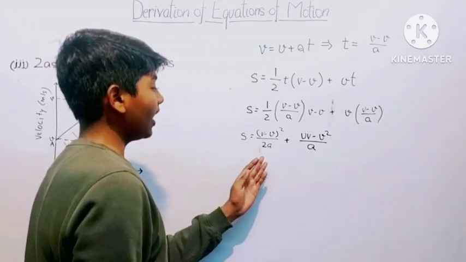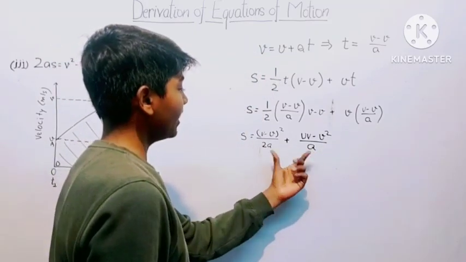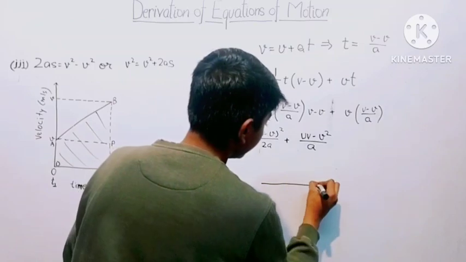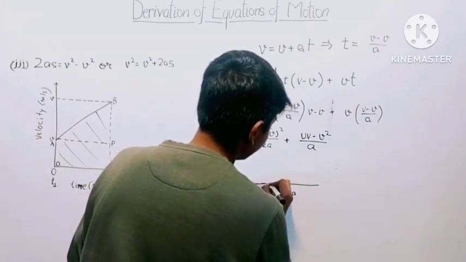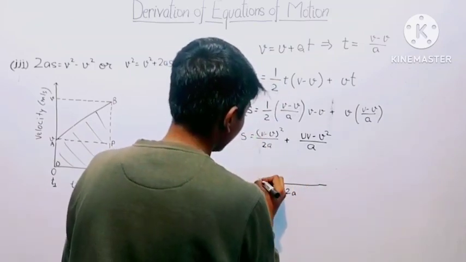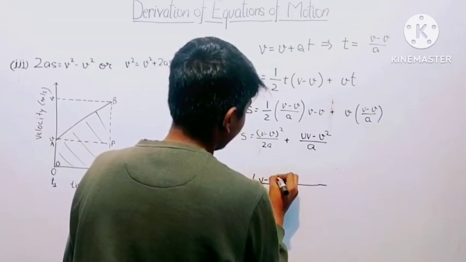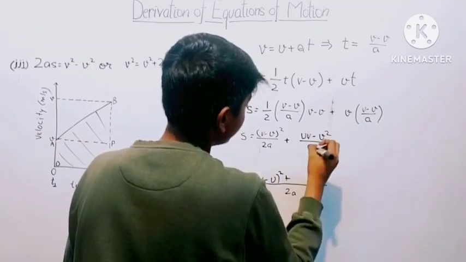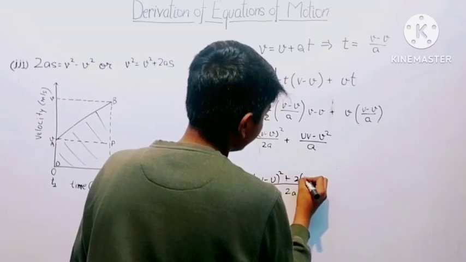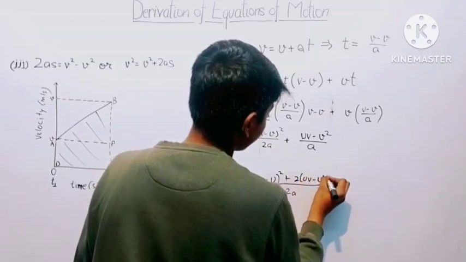So we will be adding these up. The LCM of 2a and a would be 2a, and this would remain the same, (v minus u) the whole square, and we will be adding to it 2 into (uv minus u square).